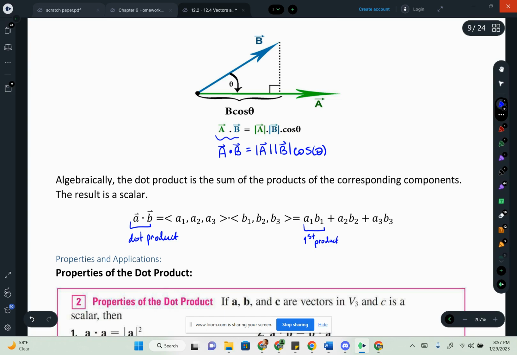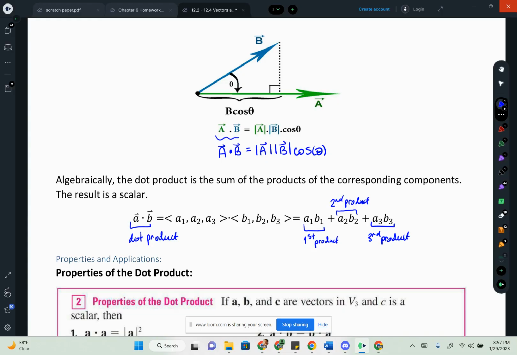Then we take the second component of A and multiply it with the second component of B, and that's our second product. Then we take the third component of A, multiply it with the third component of B. That'll be our third product, and then we add them all together. So basically, in short, we find the product of like components added together.